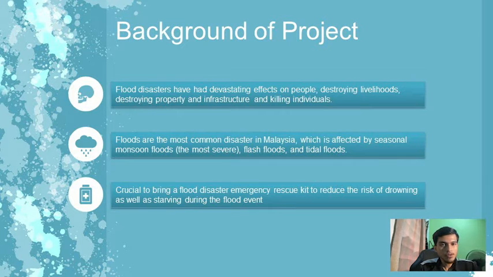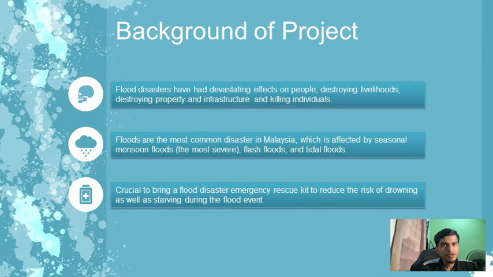So, our emergency rescue kit comes in a range of sizes and includes supplies and tools to give a survivor basic protection against the weather. In this project, we decided to design and create the best flood emergency rescue kit that comes with a lifesaver, survival kit, first aid kit, and meal ready to eat, MRE.